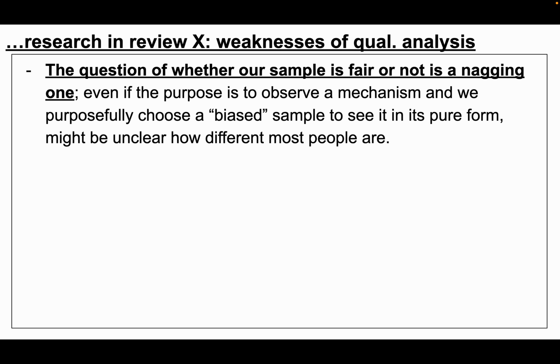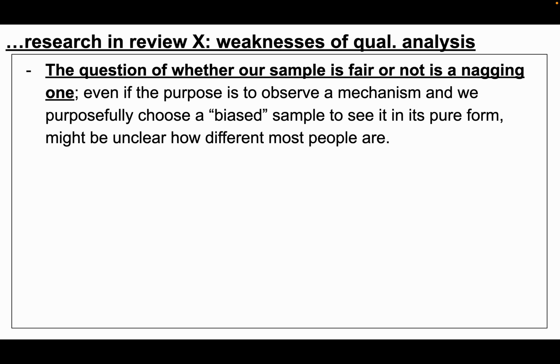And a lot of qualitative researchers, I think, generally speaking, don't account for the fact that even if you say, well, we don't care about representation or a sample being exactly characteristic of the whole population, we want it to really bring out something that is the purest form of the phenomenon, the problem is you still have to come up with some way of saying that you think that there is such a connection, that there's a baseline tendency in the population to do X, Y, and Z thing, and your biased on purpose sample is but an extreme manifestation of that.